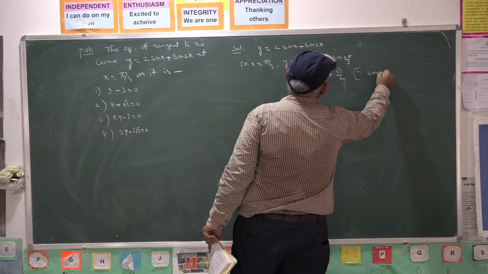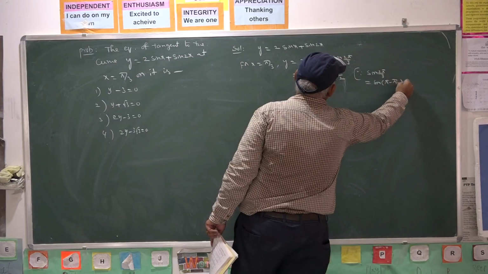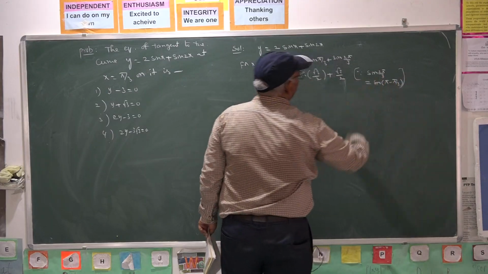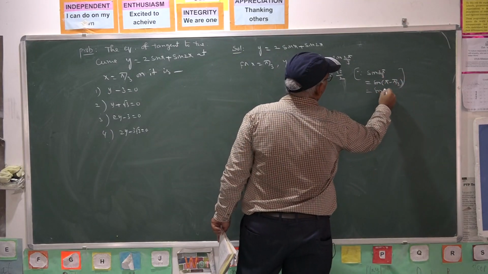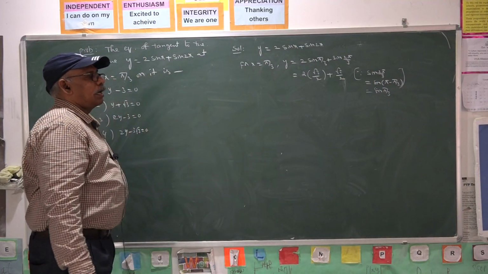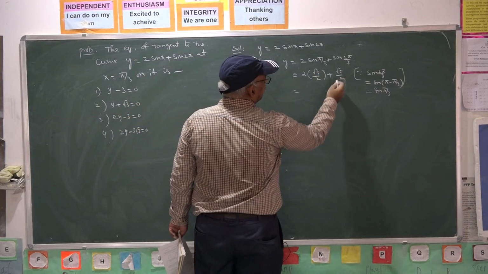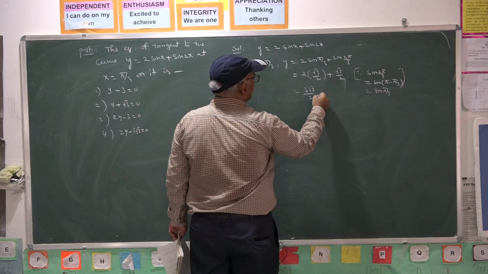Since sin 2 pi by 3 is sin of pi minus pi by 3, it is sin pi by 3 itself. Hence, totally y takes the value 2 root 3 by 2 plus root 3 by 2, which means 3 root 3 by 2.